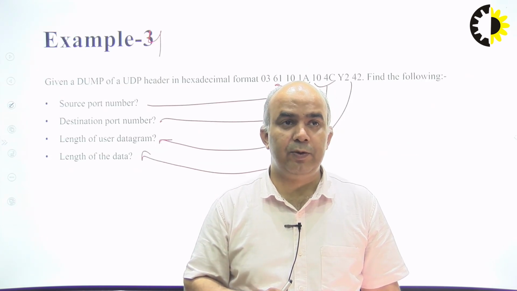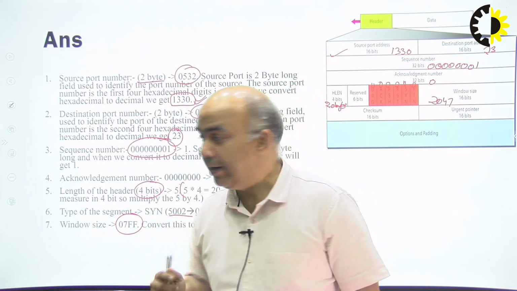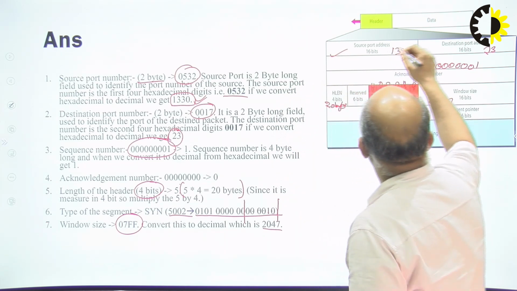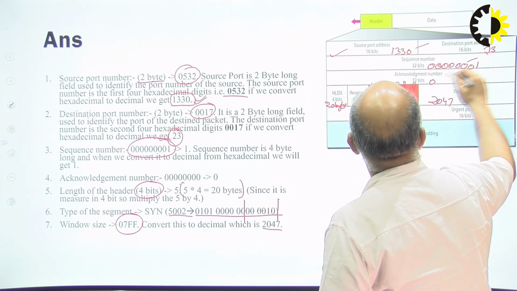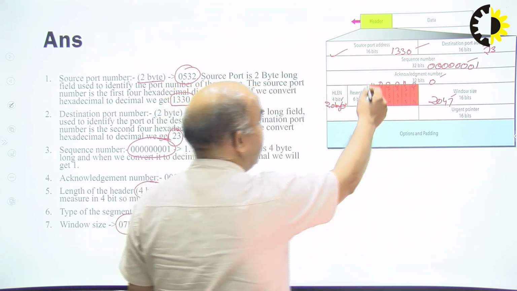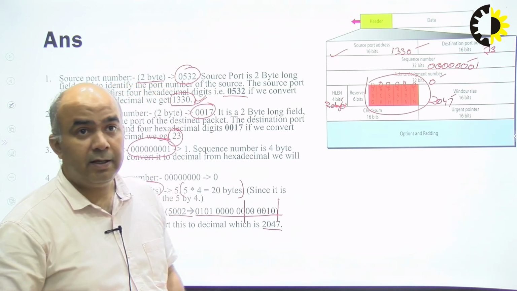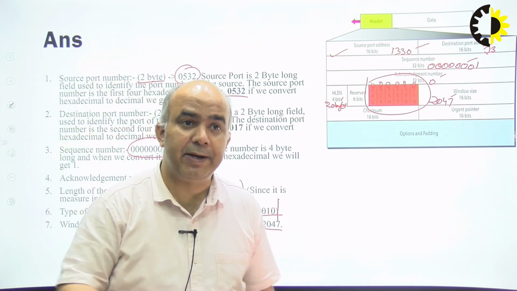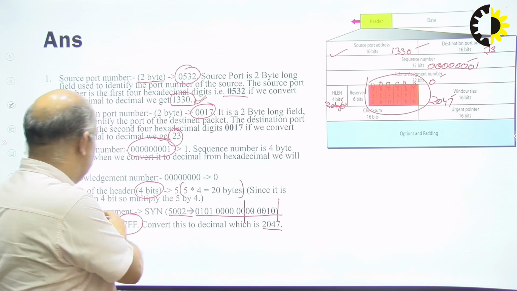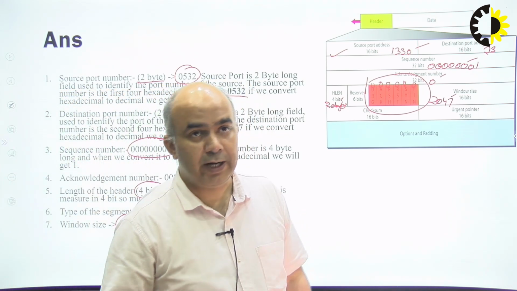So in TCP we convert all of these into decimal values, but here in these 6 bits, that is the flags, have to be converted into binary. So we converted it into binary in this case. You have to take this into consideration.